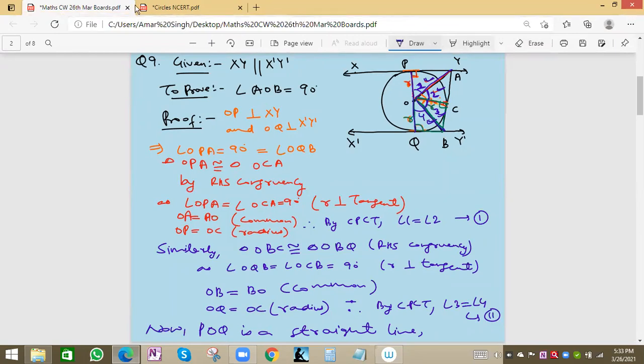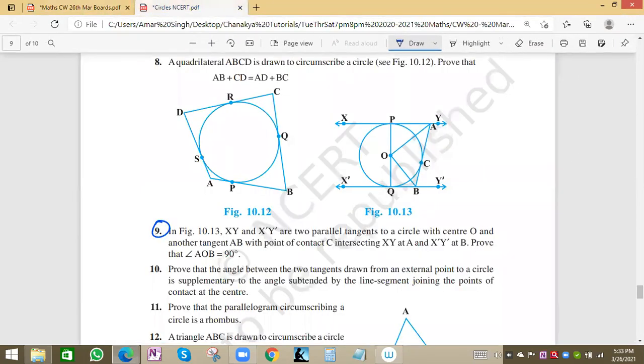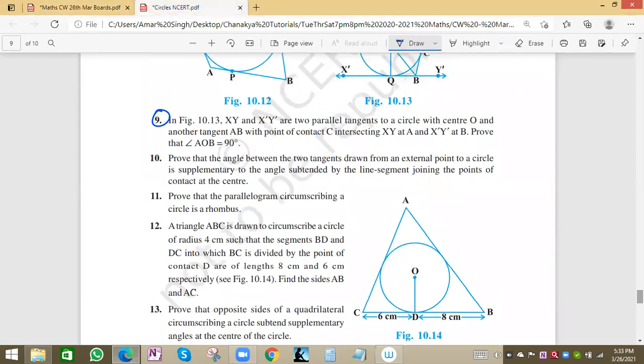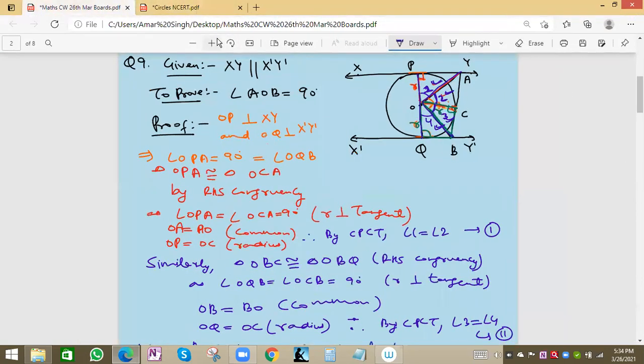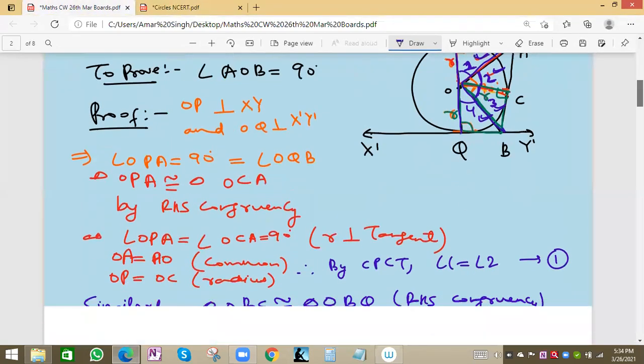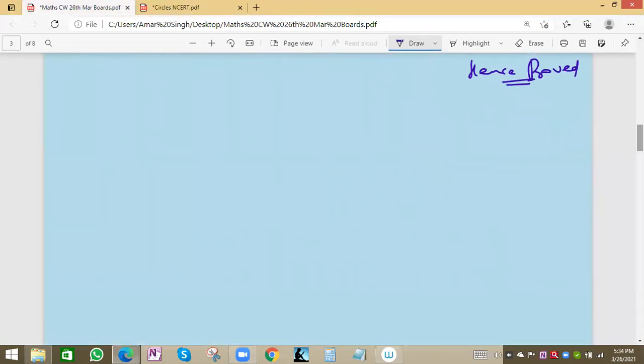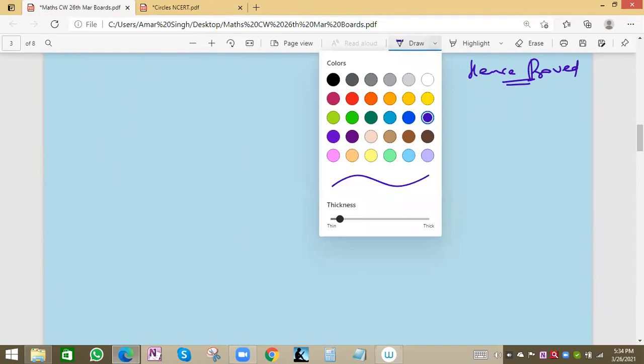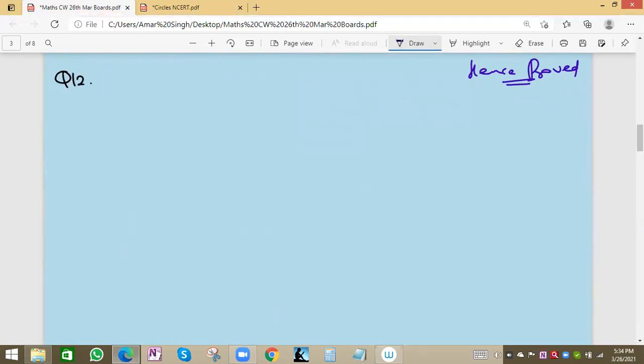I'll see the next question, that is question number 12. Other questions we'll also see. First we'll see question number 12. Let me draw here. Question number 12 from your textbook.